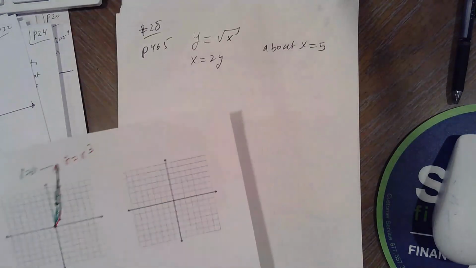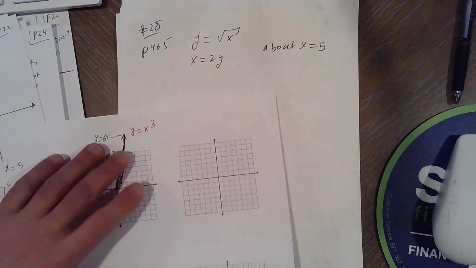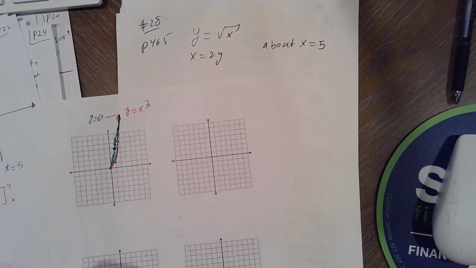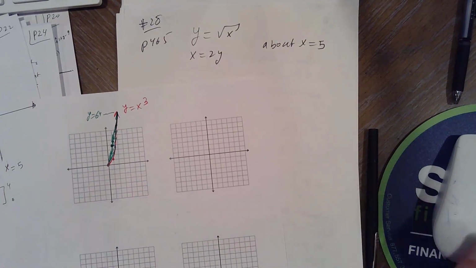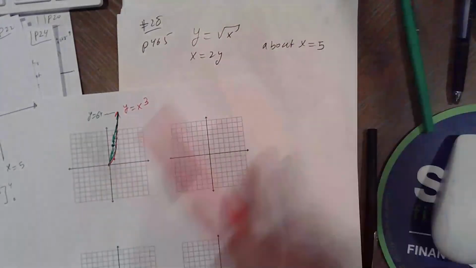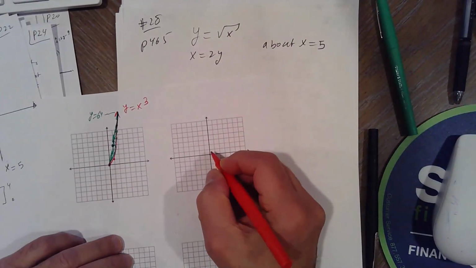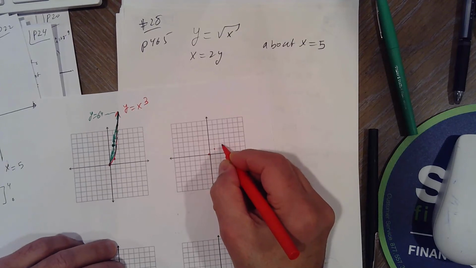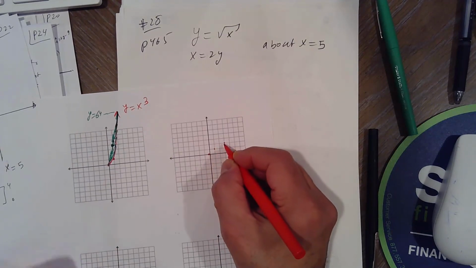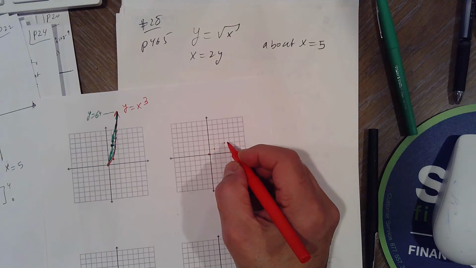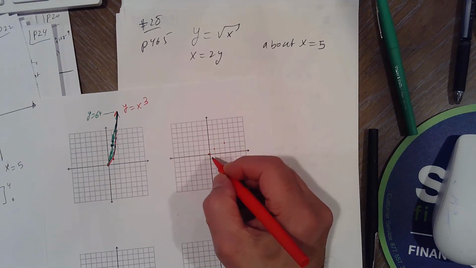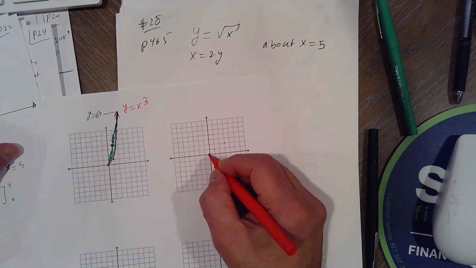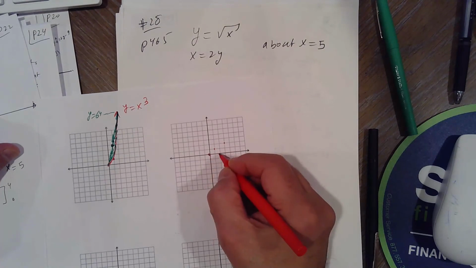So y equals root x. Okay, so 0, 0, 1, 1, 4, 2. And then x equals 2y. x is 0, y is 0; y is 1, x is 2.